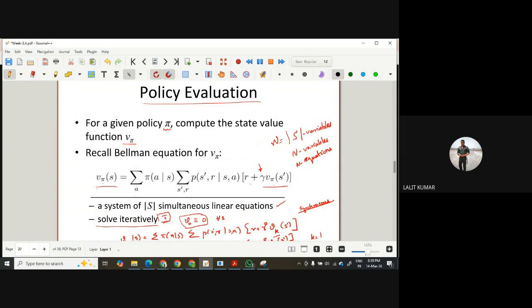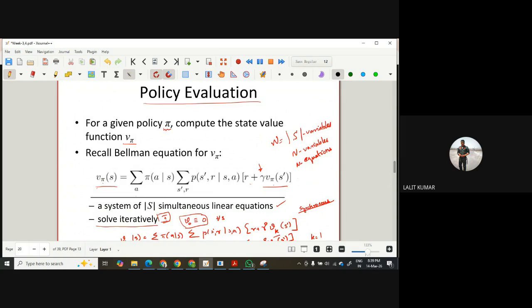In the next phase, I do improvement. With respect to those value functions, I become greedy. And in case of a tie, I have to consistently follow only one rule. If I make a rule that in case of a tie I will move north only, then in all cases I will move north only. When I do policy improvement by becoming greedy, I find a new policy. So again I go back to evaluation.